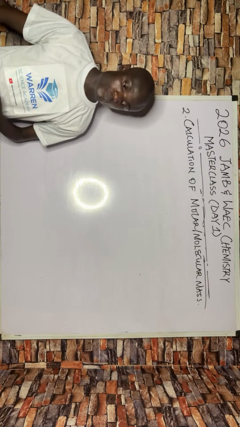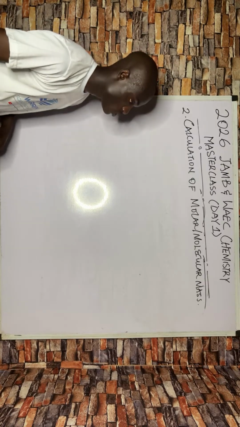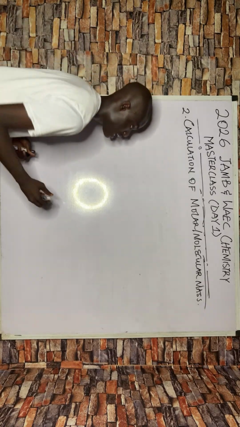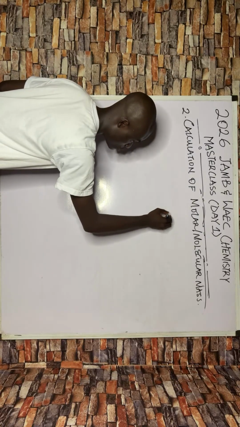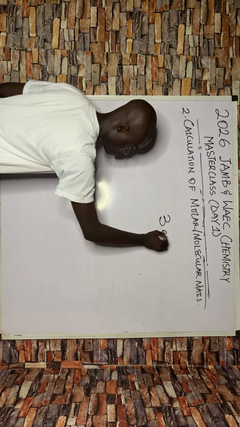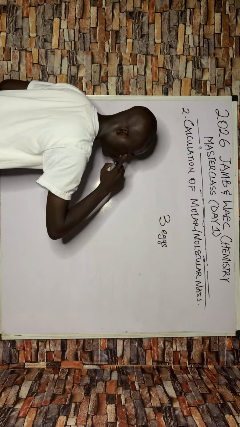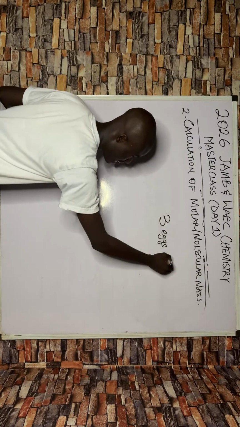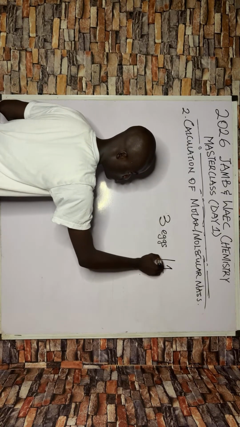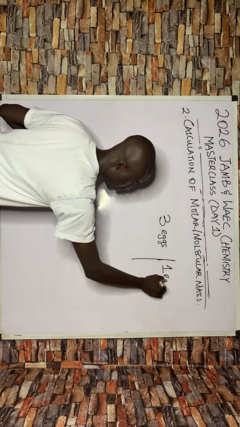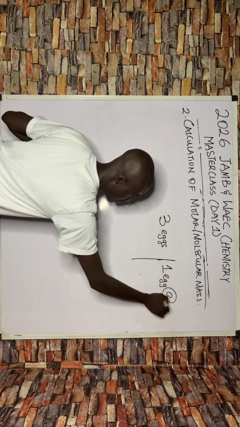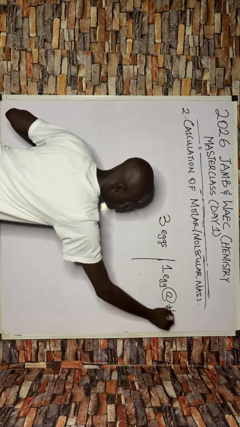Now just imagine you went to the market and you bought eggs. Let's say you bought 3 eggs, and one egg is sold at, let's say, 15 naira.